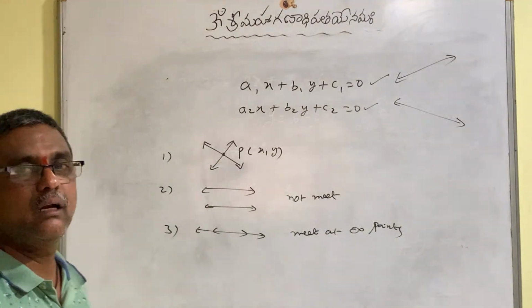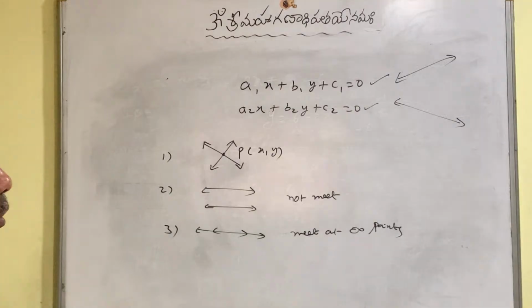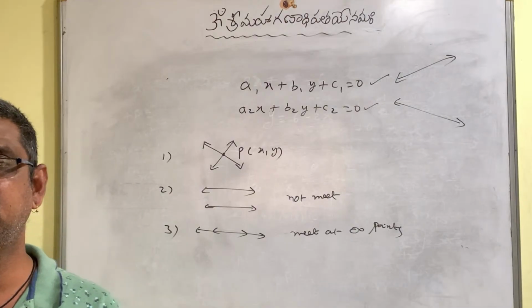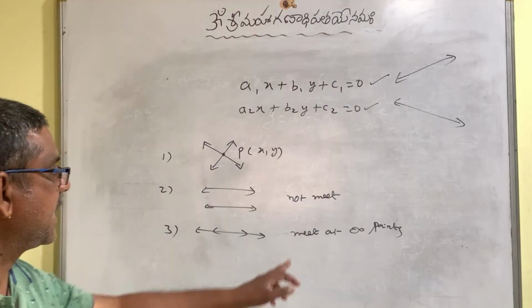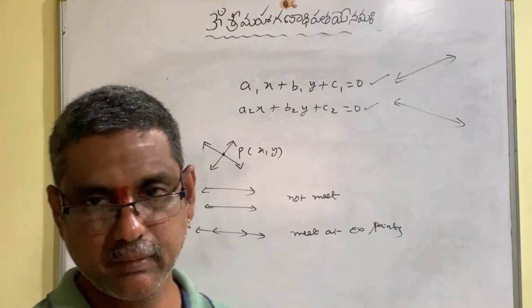And the last one, if they are coincident lines, both lines will fall one on the other. That means they will have infinite number of common solutions.